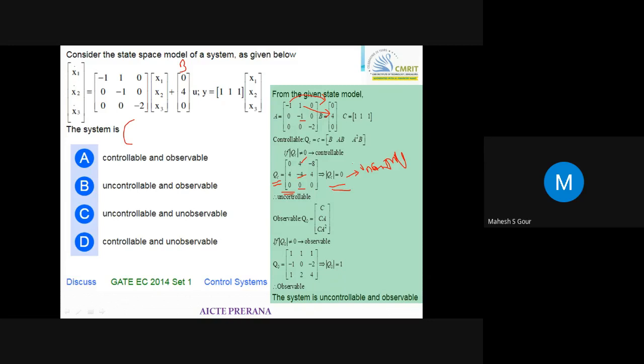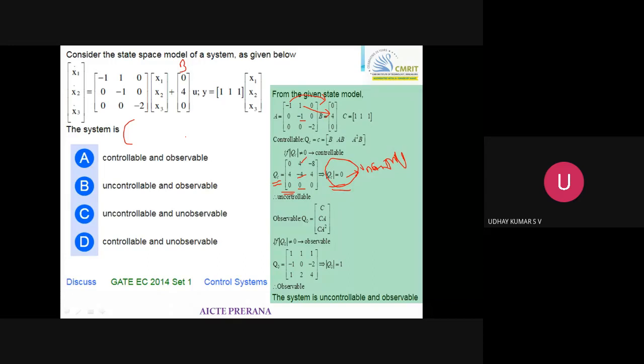So everyone got the determinant as 0? Yes, sir. Got it? What about observable? Ashwini, Uday. Uday answered or Tushar?